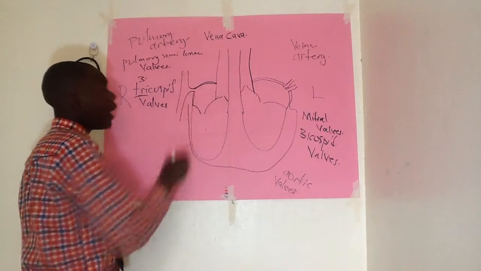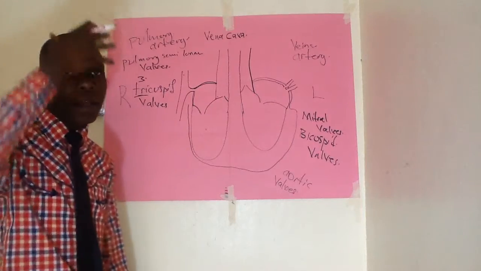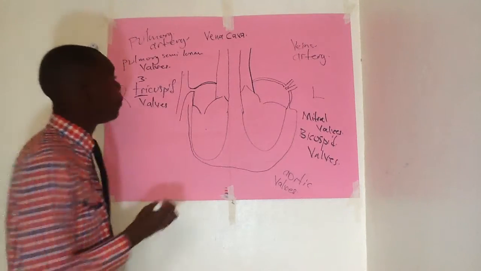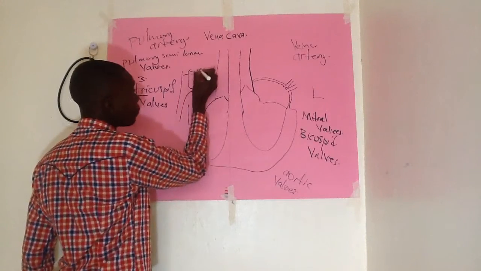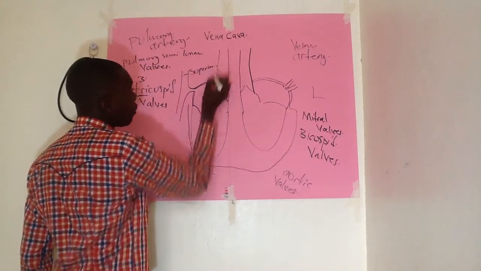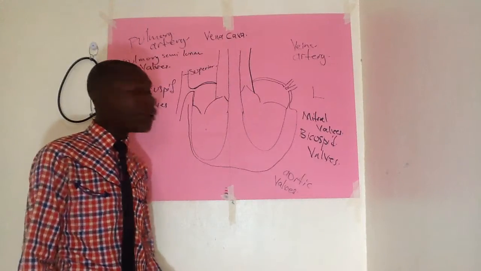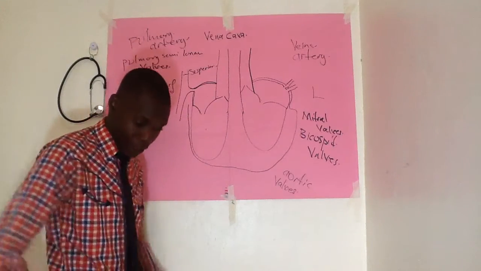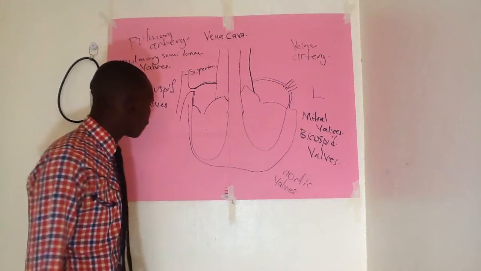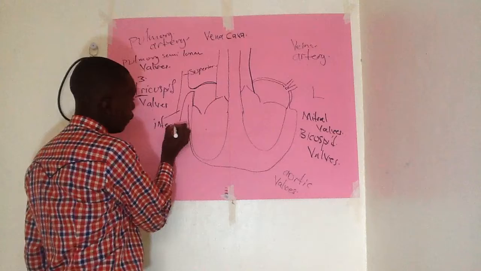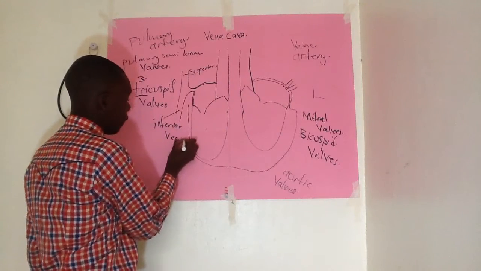One returns blood from the upper part of the body, the head, and this one is known as the superior vena cava. Whereas the other returns blood from the lower part of the body, the limbs and so on, and it's known as the inferior vena cava.